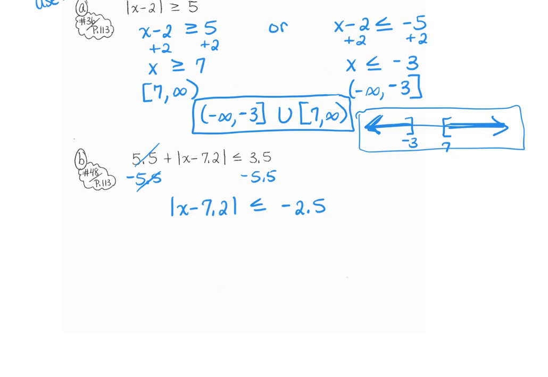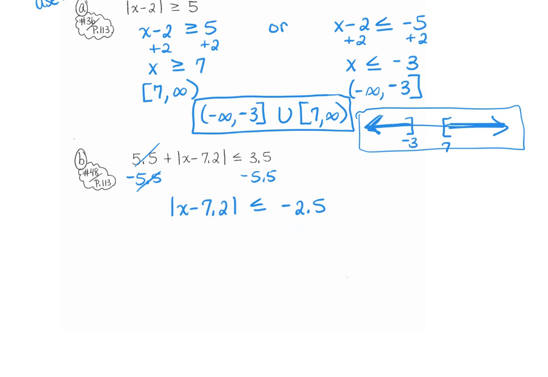So we pause for a second, because this means the absolute value of x minus 7.2 is less than or equal to negative 2.5. But then we use our common sense. Whenever we talk about the absolute value of anything, the only thing it can be equal to is a positive. So this is not true. We cannot have the absolute value of x minus 7.2 equal to negative 2.5.